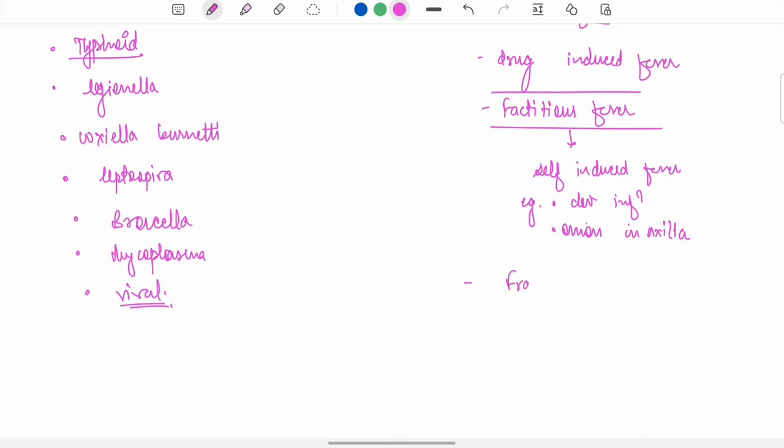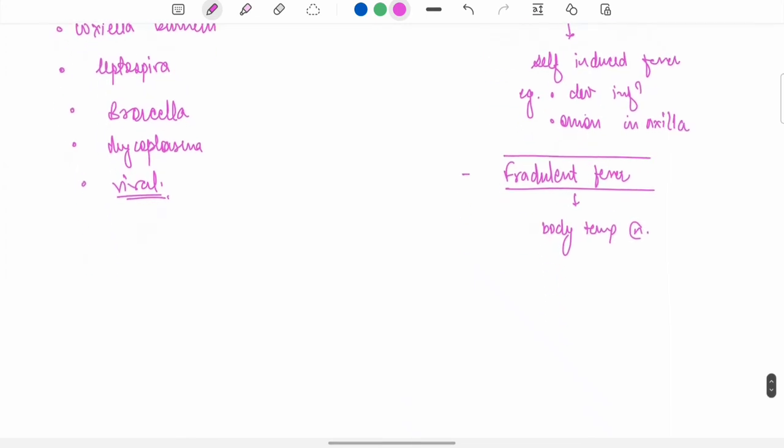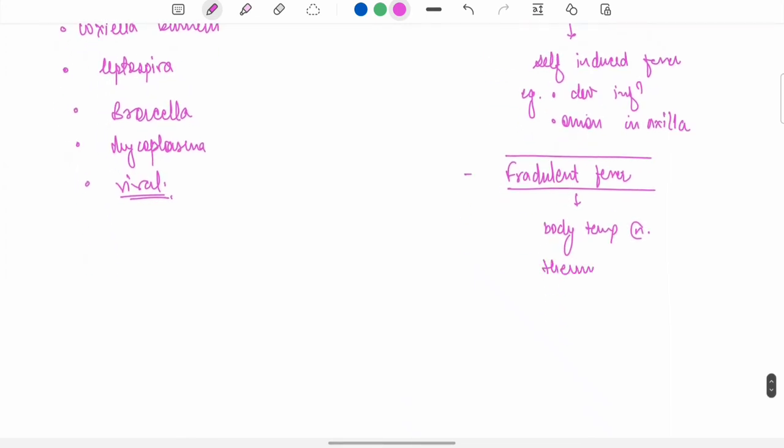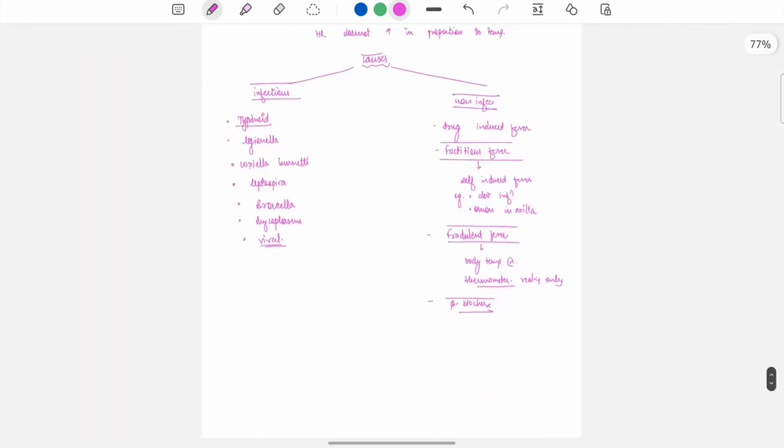Then there is fraudulent fever, where body temperature is normal and it is only the thermometer reading, for example someone has put the thermometer in tea. Also if the patient is simultaneously using beta blockers. So this is all about fever.